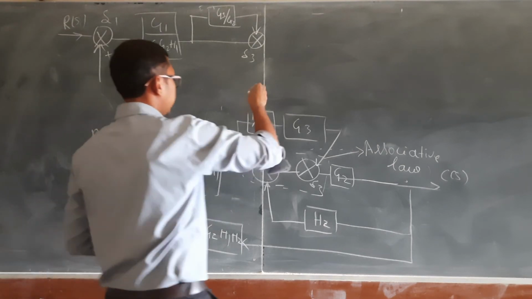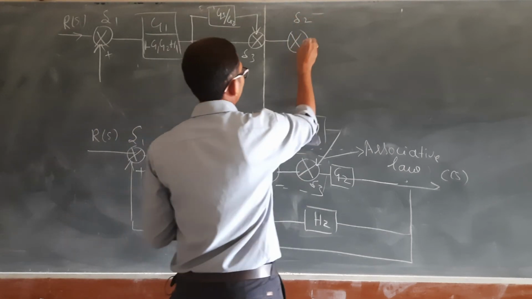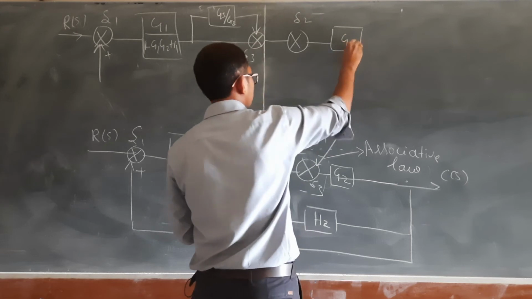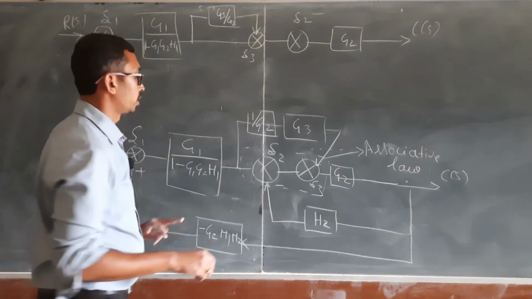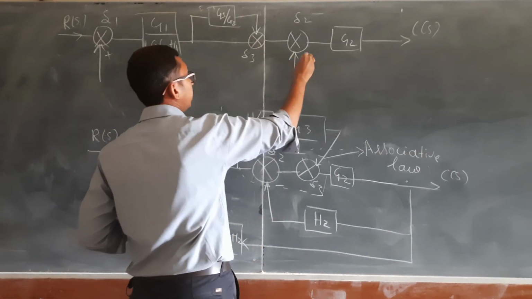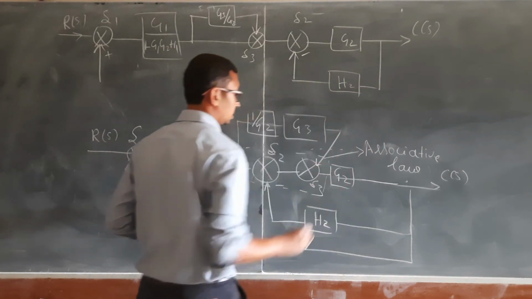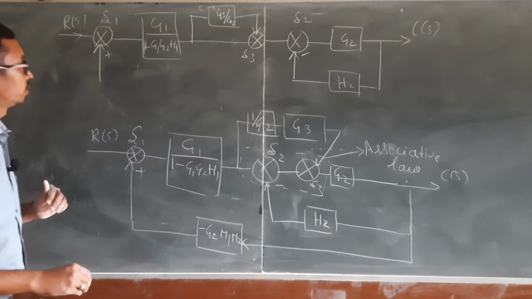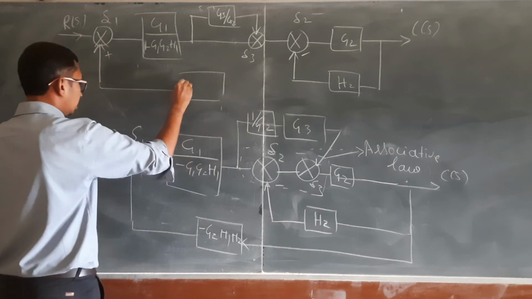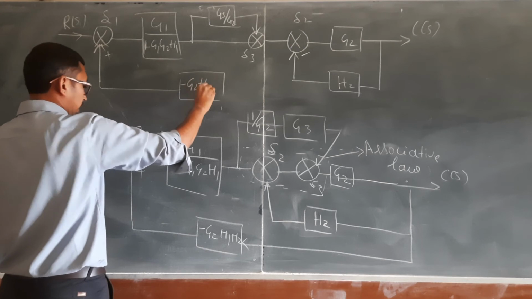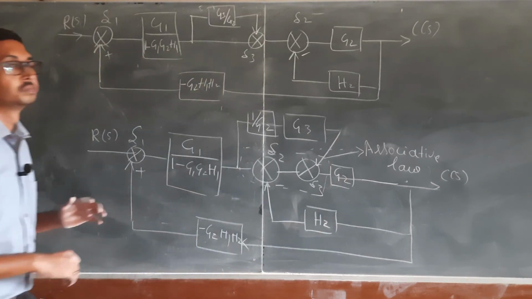Next I have summing point number 2. After that I have G2, then the output C of S. At this summing point 2, I have a minus signal with the feedback block of H2. After that I have another feedback block with minus G2 H1 H2. Okay, so this is what I got now.